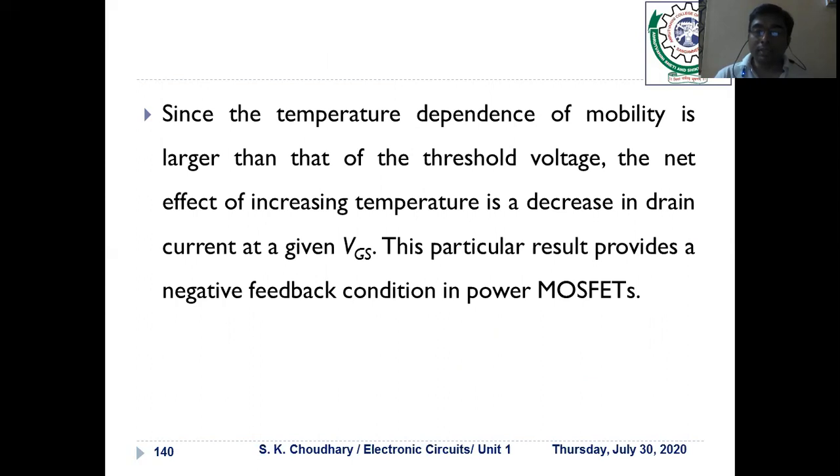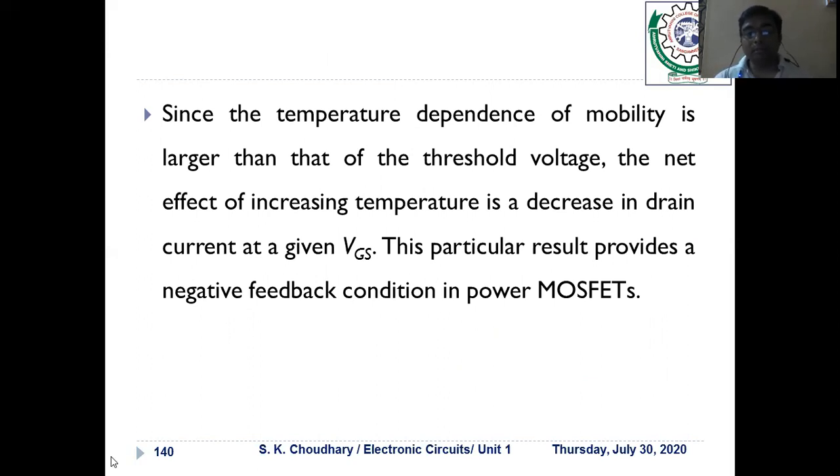In the first case, the threshold voltage decreases with the increase in temperature, so your current increases. In the second case, the conduction parameter decreases with the increase in temperature, so your drain current decreases. But what is the resultant effect of this increase in temperature?